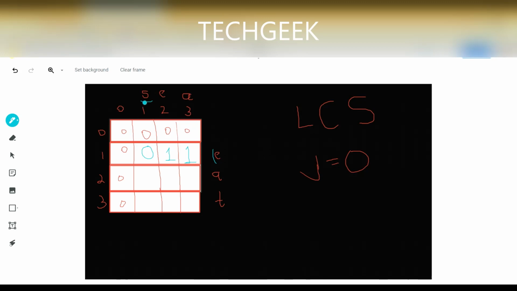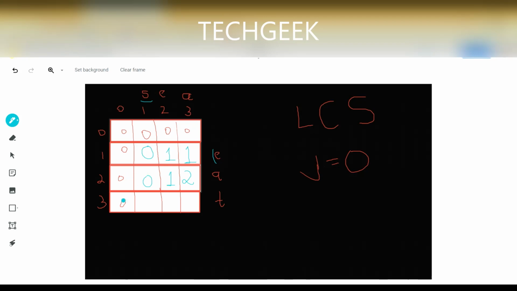Again coming here, S and A, are they equal? No. Maximum is again 0. E and A, are they equal? No. Maximum should be 1. Now come here. A and A, they are equal. Yes. So 1 plus diagonal upward element. So that should be 2. Coming to the third one, S and T, are they equal?